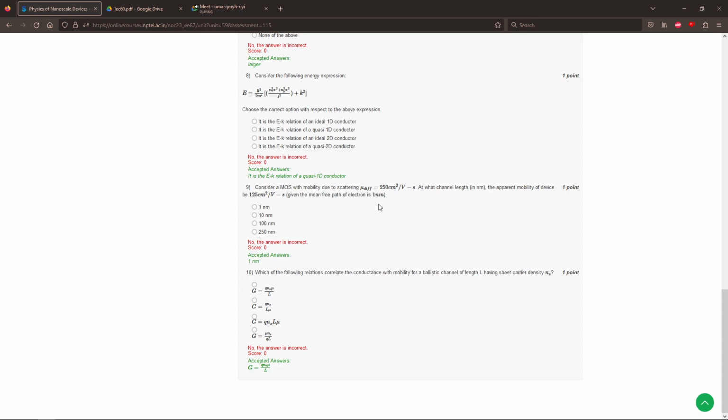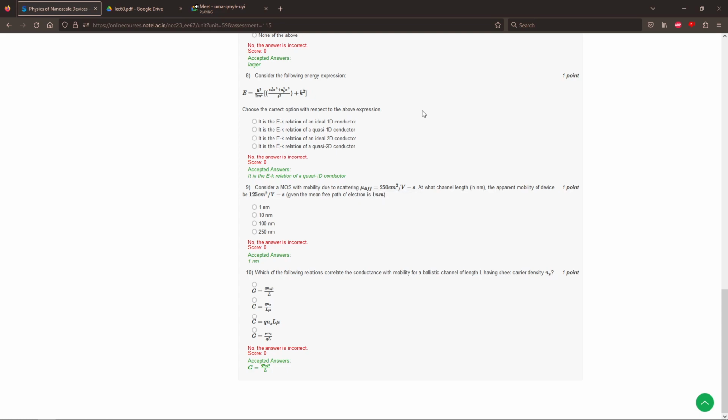This is some hypothetical device, not a realistic device. In this device, the mean free path itself is 1 nanometer. So for this device to have a channel where I neglect the scattering effects, I need a channel length of sub-nanometers, which is technically not possible. So this channel will show diffusive behavior no matter what the channel length is.